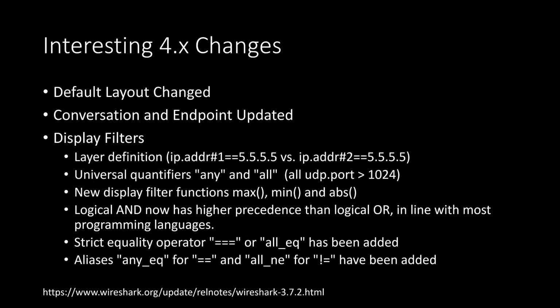That means all instances of that field must be equal to that value you're interested in. Then there's an any option here where you would say any EQ. So if any IP source address that's in the packets is 10.2.2.2, show it to me.